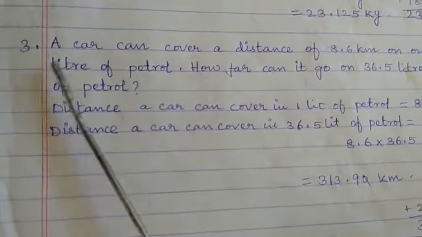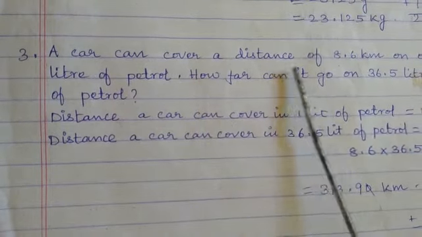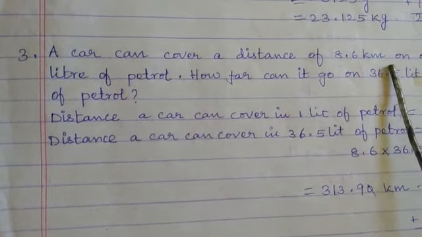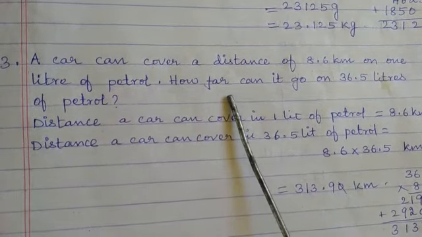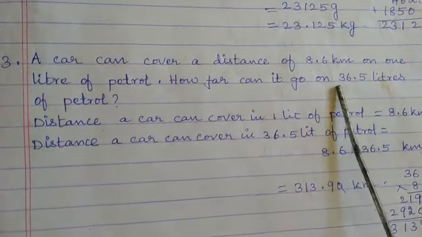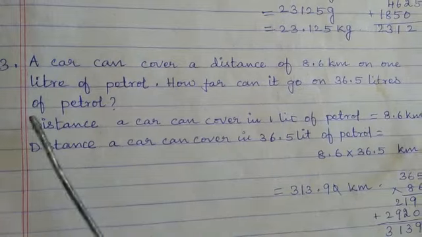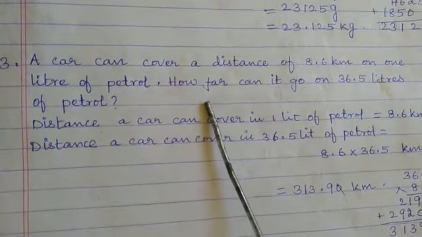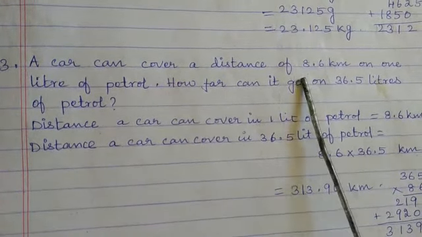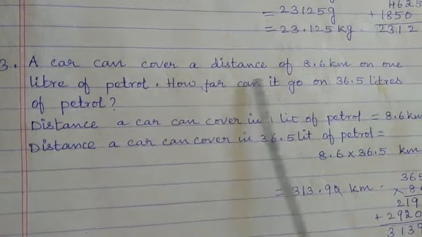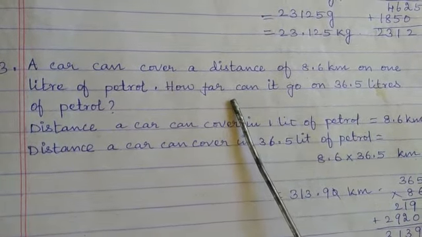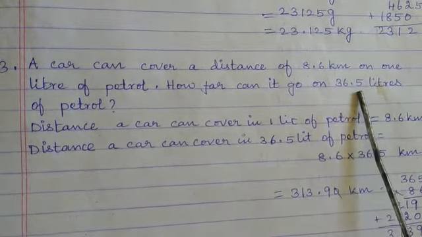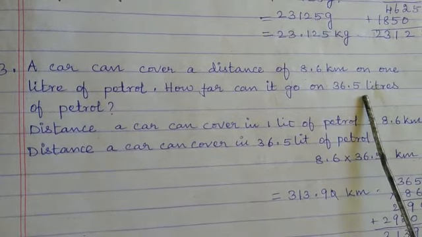Question number 3. A car can cover a distance of 8.6 km on 1 liter of petrol. How far can it go on 36.5 liters of petrol? Here the distance for 1 liter of petrol is given, and you have to find the distance for 36.5 liters of petrol.